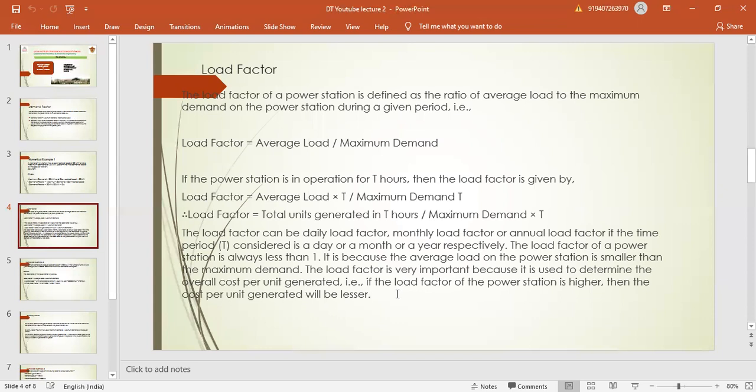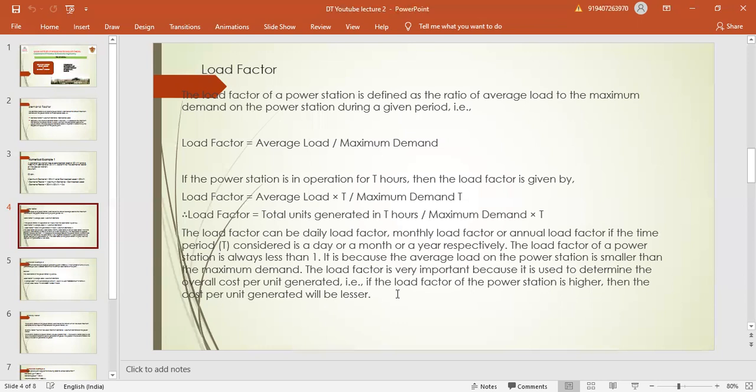It is because the average load on the power station is smaller than the maximum demand. That means maximum demand will always be higher. That's why load factor of a power station is always less than 1. The load factor is very important because it is used to determine the overall cost per unit generated.